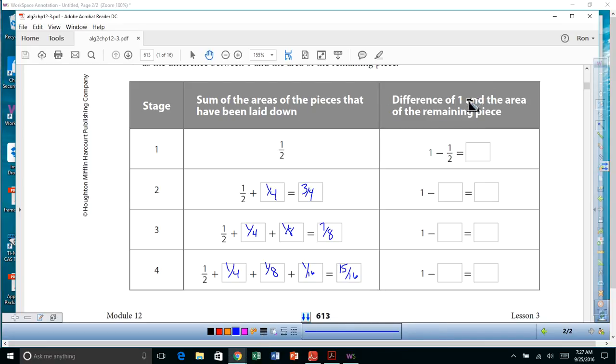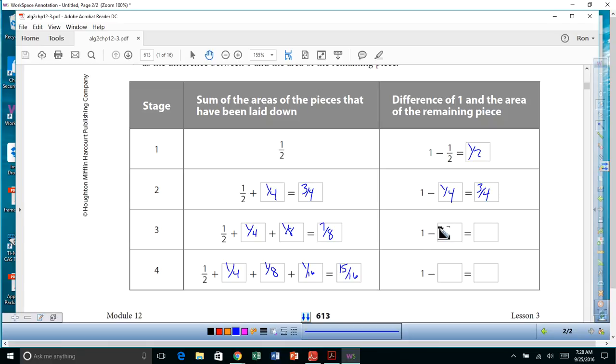Difference of 1 in the area, well, 1 minus 1/2, that was that other half of that sheet of paper. Well, cut that in half, and then you lay down 1/4. So you had like 3/4.